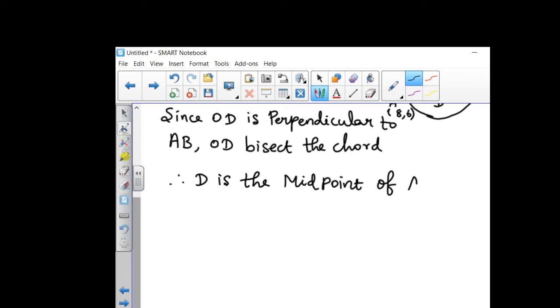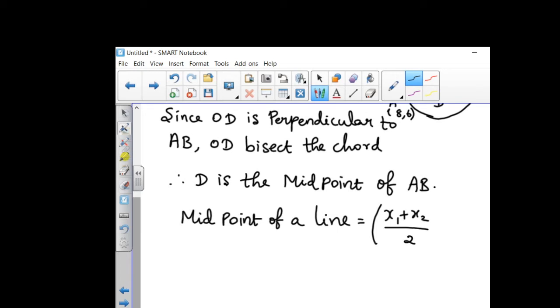Okay. Therefore D is the midpoint of AB. We know the midpoint formula. What is that? Midpoint of a line is equal to (x1 plus x2 by 2, comma y1 plus y2 by 2).